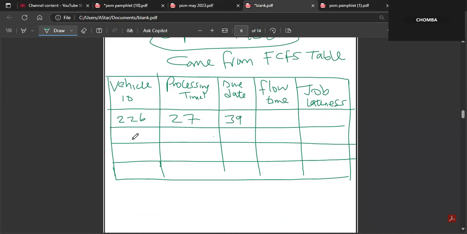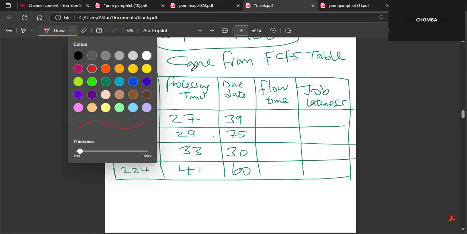Then the other one will give us 225, which is 29 and 25. Then 229, which is 33 and 30. Then 224, which will be 41 and 60. Are you with me now?